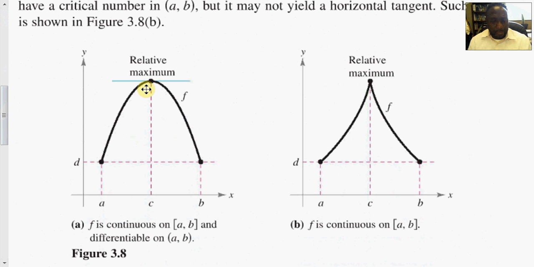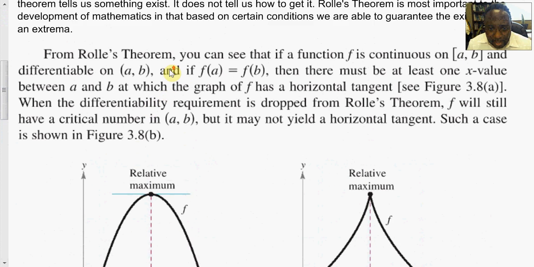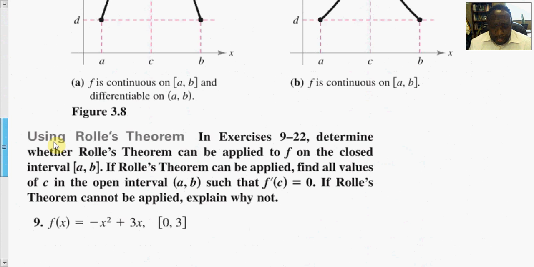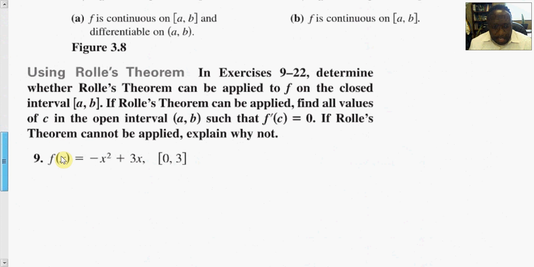And so f'(c) equal to 0 simply means that the function will have a horizontal tangent. A very strong conclusion for any notion in mathematics.